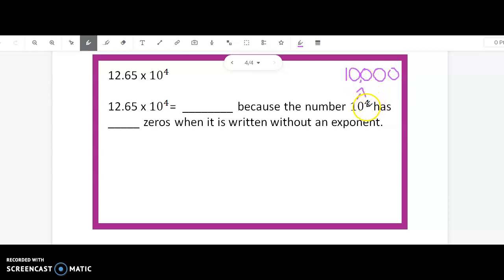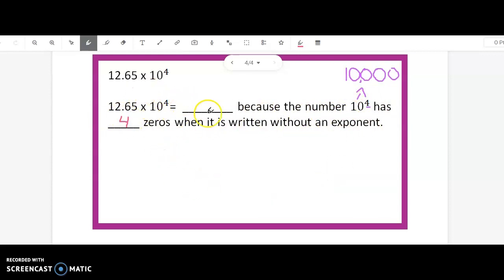Because we've learned that whatever the power is, the same number of zeros you have in your power of 10. So we can go right here already and answer the second one, because the number 10 to the 4th power has 4 zeros when it is written without an exponent.